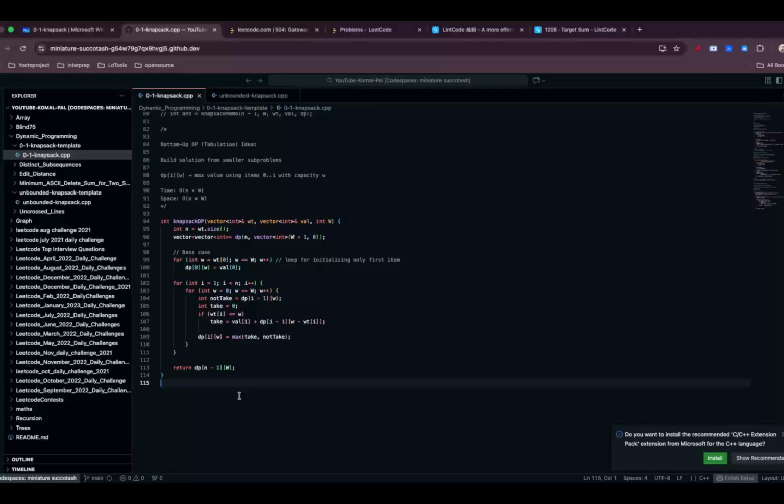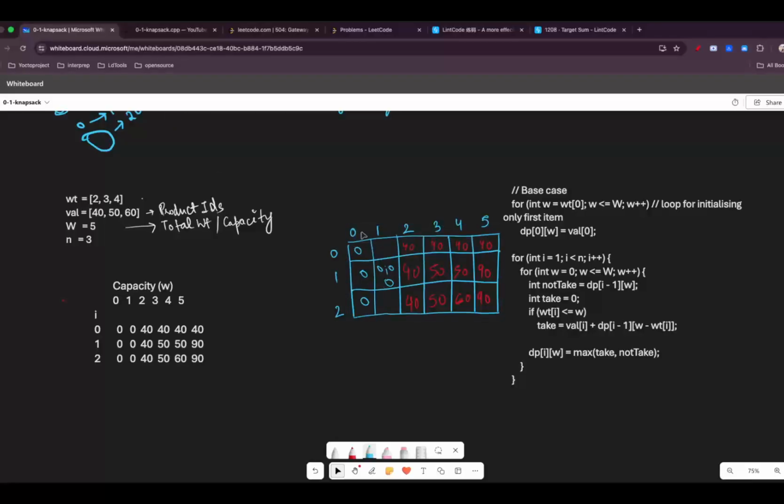Okay, fine. And here, if you see as per the diagram, W is the capacity of the knapsack, and N is the index, all the indices which are there, that is the weights stored here as per the size of the weight array, and this is the maximum capacity of the knapsack.